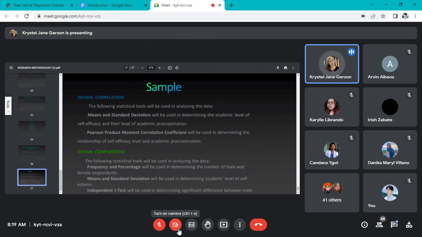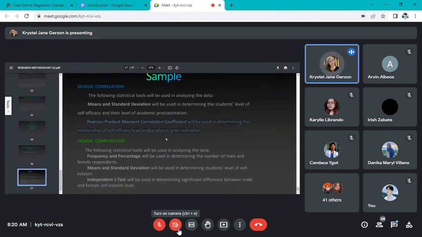The Pearson product moment correlation coefficient is also what we will use to answer, and this is also answering your null hypothesis. This is also one way for us to prove or disprove your null hypothesis, whether there is a significant relationship between the two variables or not.